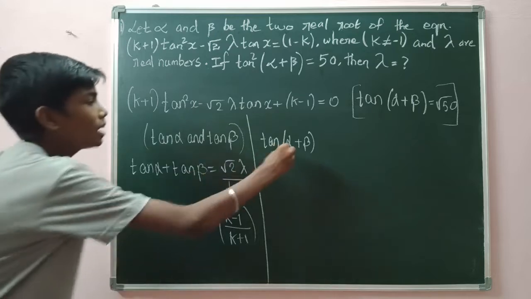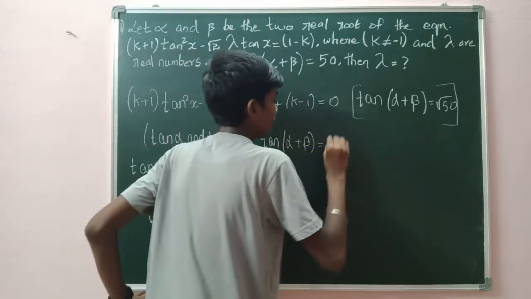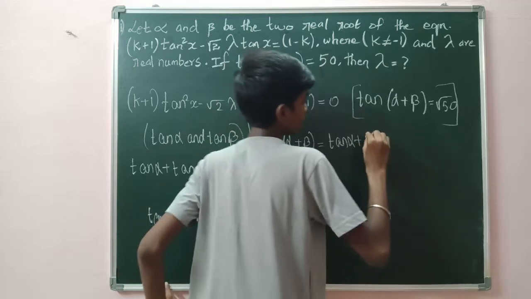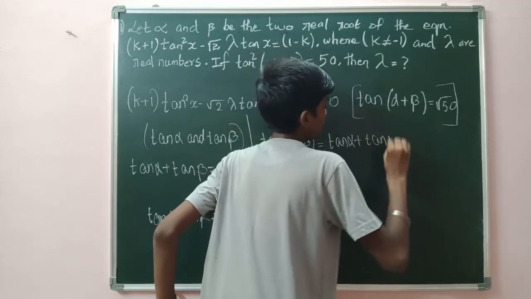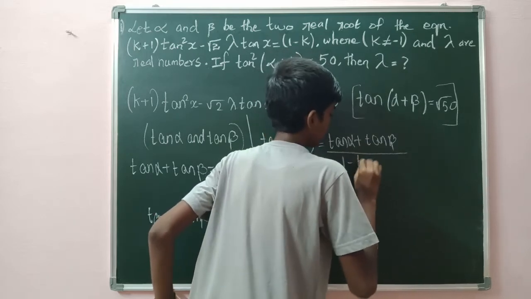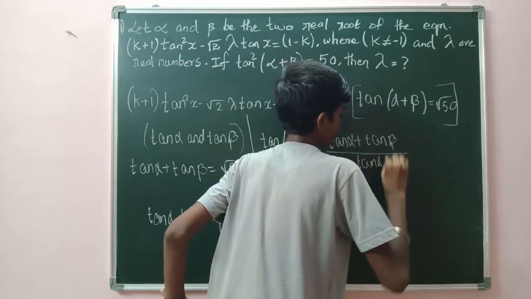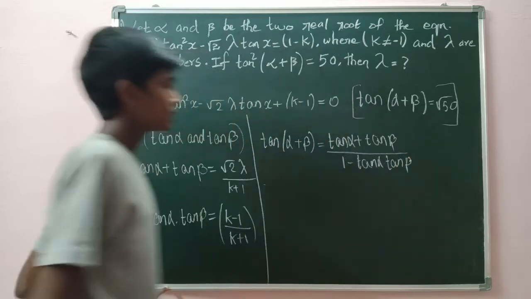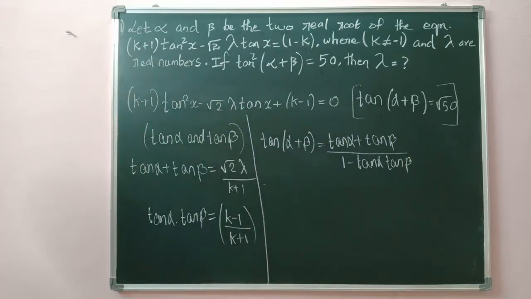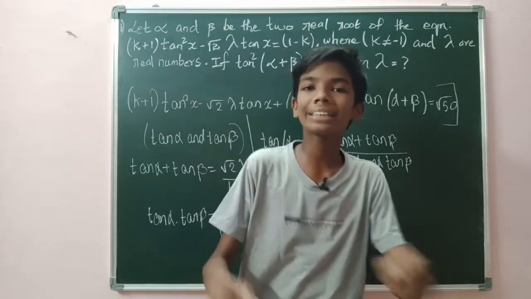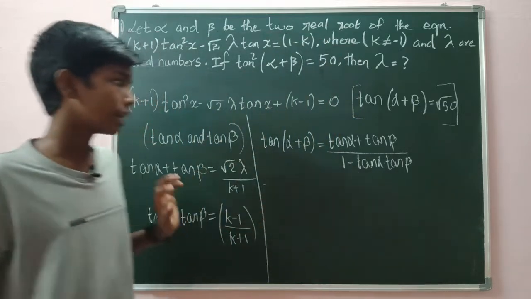We know that tan of a plus b is tan a plus tan b, divided by 1 minus tan a tan b. That's how we can write tan of alpha plus beta as tan alpha plus tan beta, divided by 1 minus tan alpha tan beta.